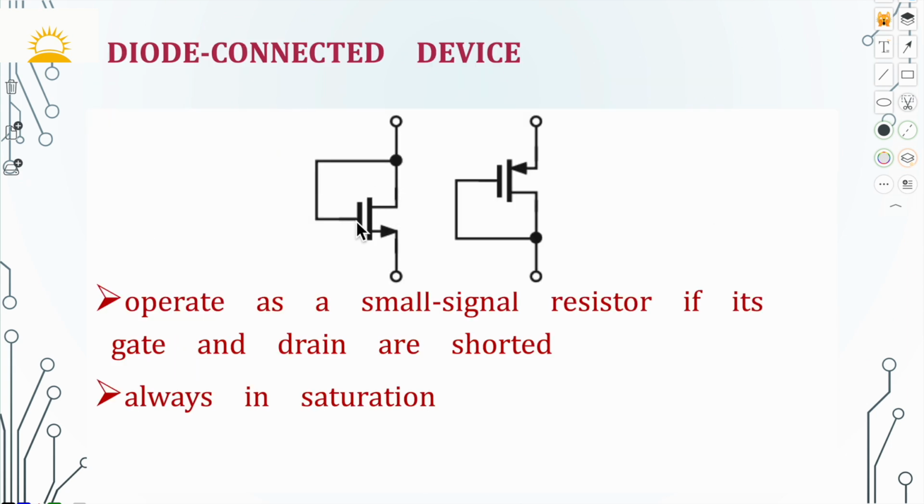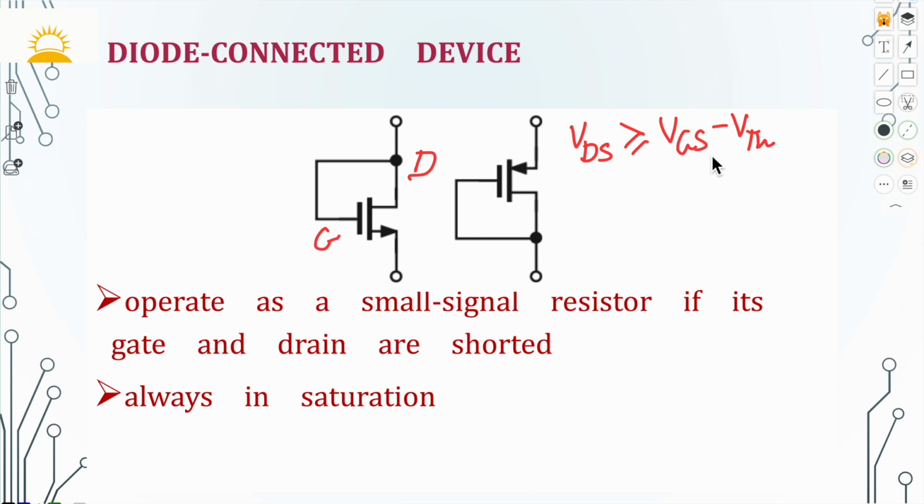We can use a MOSFET as a small signal resistor if its gate and drain terminals are shorted. It is called a diode connected device. Here this transistor is always in saturation because gate and drain have the same potential. We know that for saturation VDS should be greater than VGS minus threshold voltage.